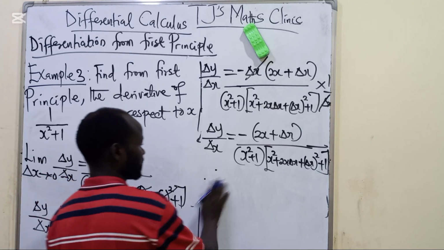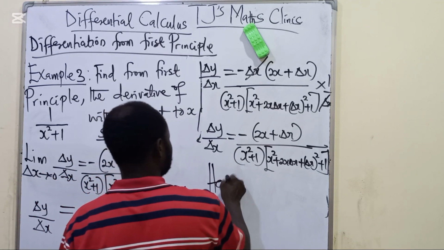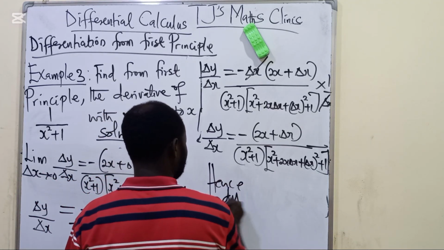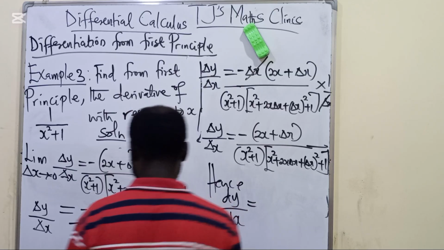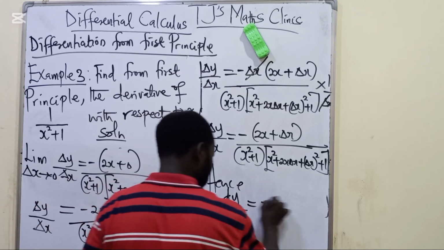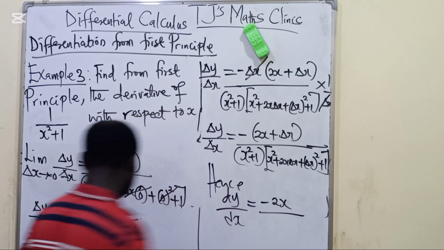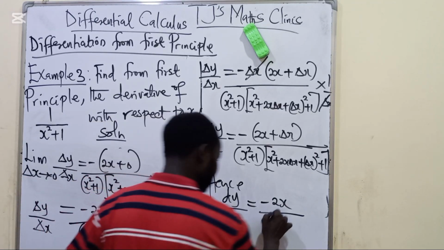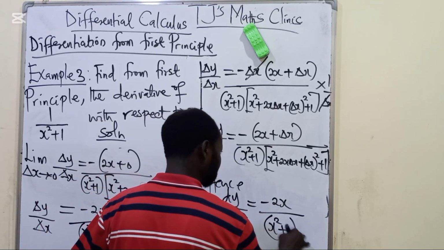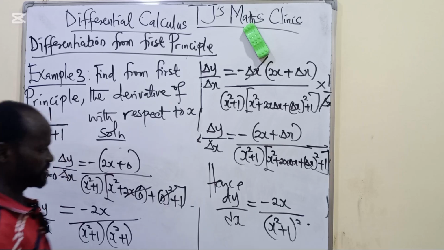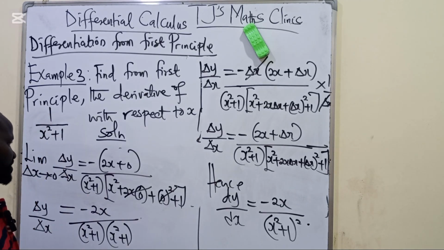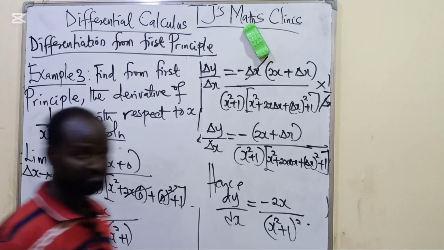Hence, finally, we can conclude, changing y now with respect to x will be minus 2x divided by, we have 2 of these, so we can write it as x squared plus 1 all squared. This is said to be the derivative of this function from first principle.